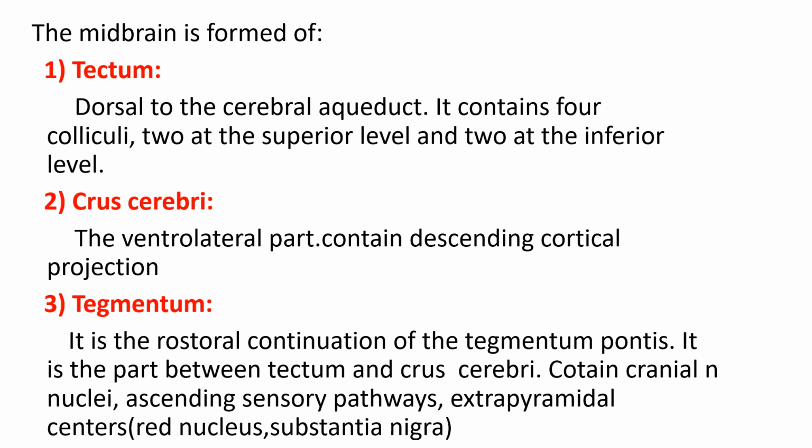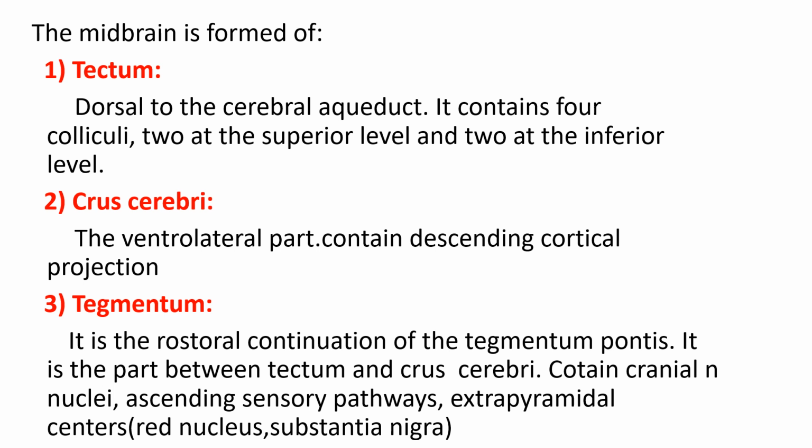What about the third part, which is called the tegmentum? It is the rostral continuation of the tegmentum pons. Do you remember that the pons is formed of basal pons and tegmentum pons? So the continuation of the tegmentum pons is called here the tegmentum.